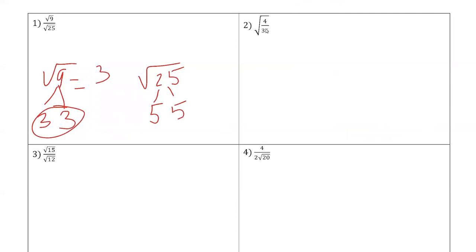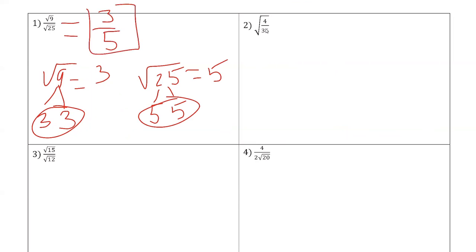We already saw this on the other side, but the square root of 25 would just be 5. So if we wrote our answer, it would just be 3 over 5. And just be careful, this was our top, this was our bottom, so make sure you put them in the right spot. I could see that being a potential mistake, but see if you can try number 2.